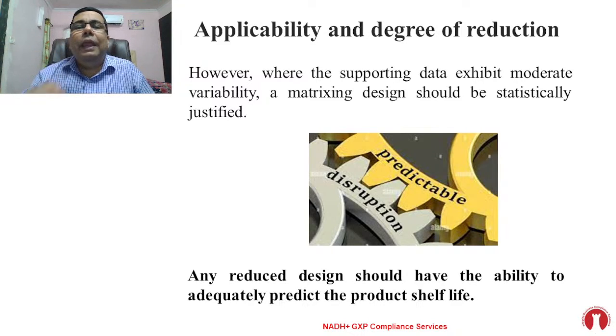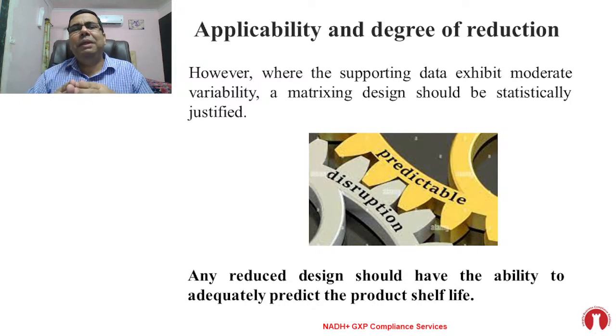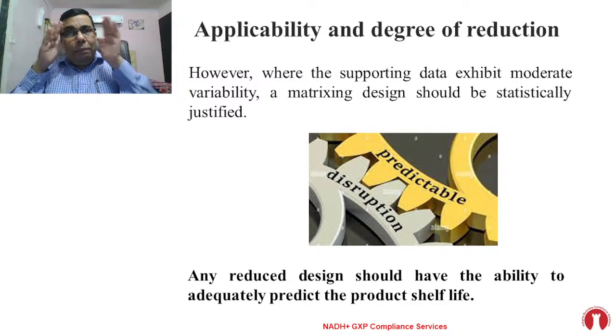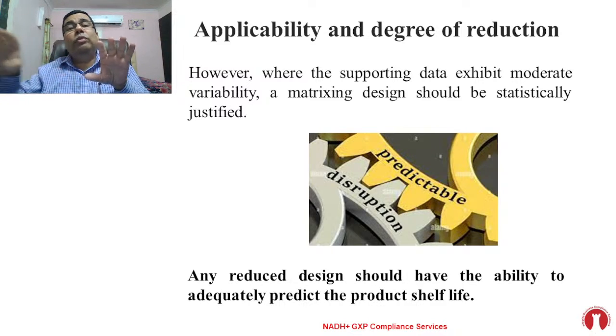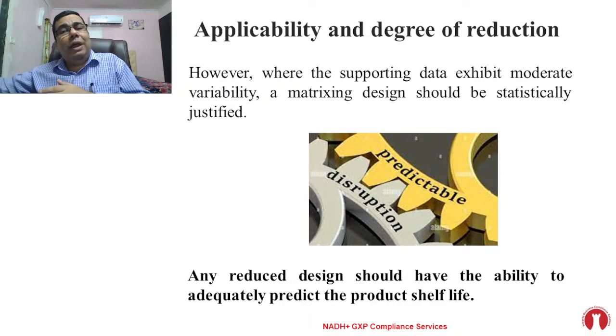Okay. Any reduced design should have the ability to adequately predict the product shelf life. So whatever you reduce in the testing, you should be able to predict the shelf life.